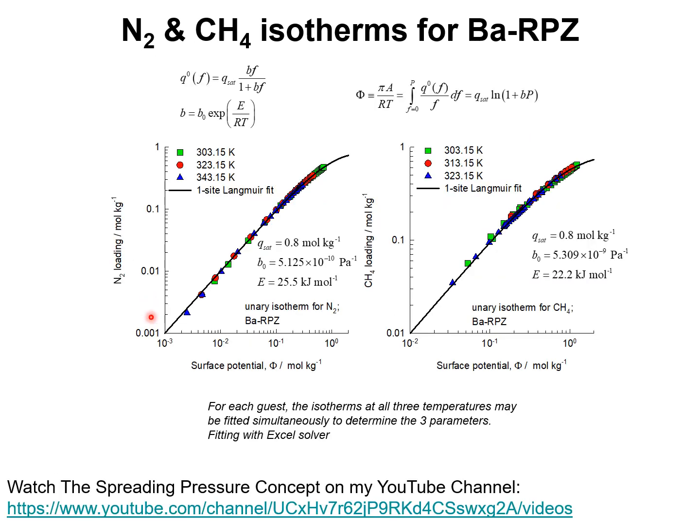For each of the guest species, nitrogen and methane, the experimental data at the 3 different temperatures can be fitted with a single-site Langmuir model, where the Langmuir parameter B is taken to be temperature dependent with the form shown here. B equals B naught times the exponential of an energy parameter E divided by RT.